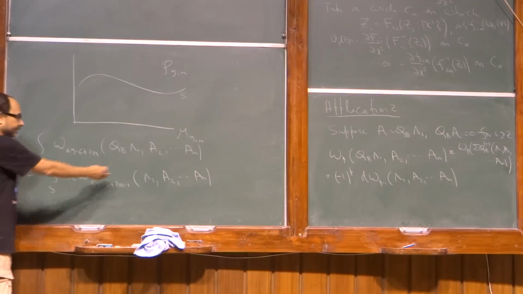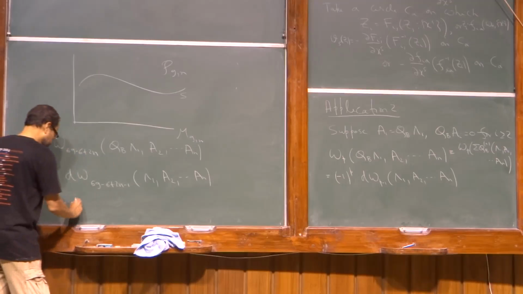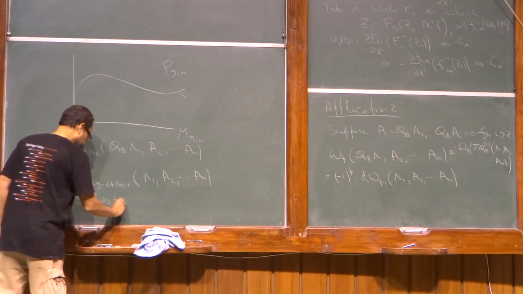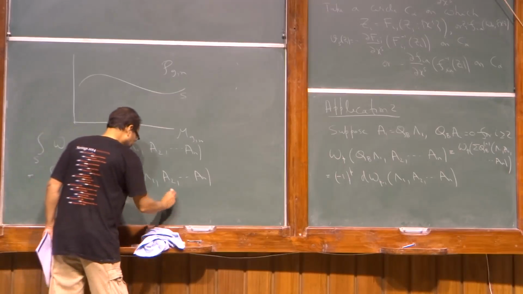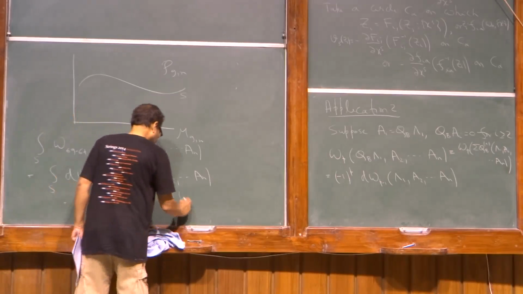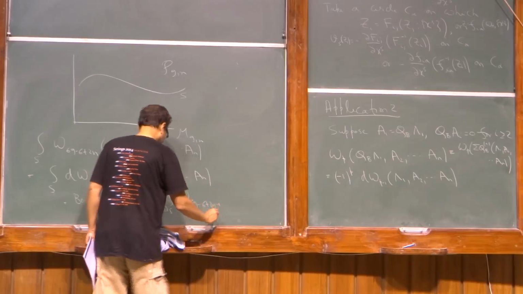So this we again see is a total derivative integrated over S. So this is boundary terms. In fact it also says what boundary term it is. This is the integral over the boundary of S of omega 6g minus 6 plus 2n minus 1.